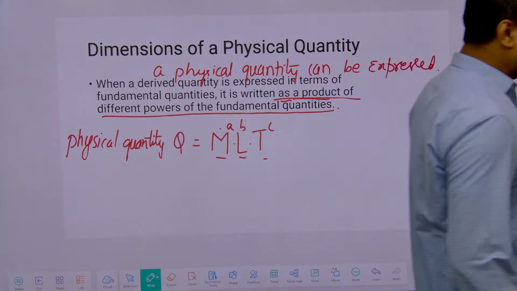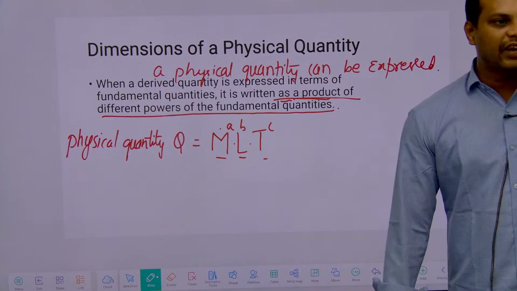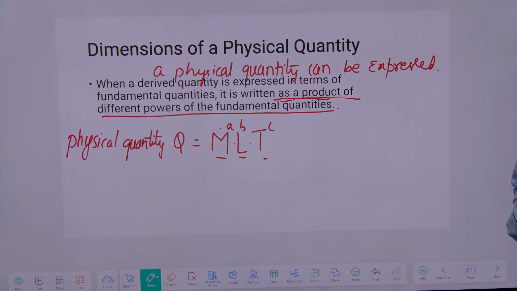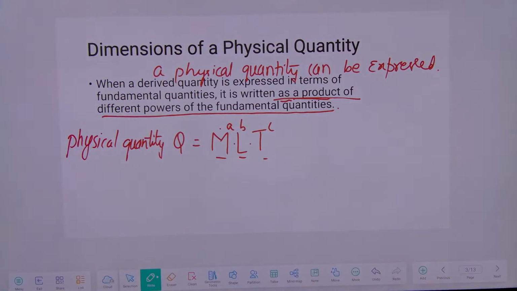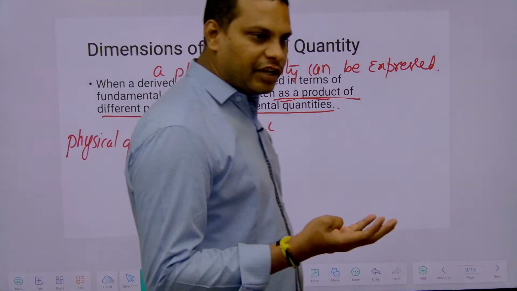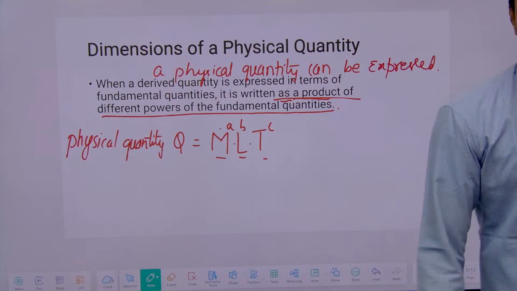So what are the fundamental quantities, or these are also called base quantities? Total how many fundamental quantities are there according to the SI system of units? 7. What are those? Length, mass, time, electric current, temperature, amount of substance and luminous intensity.